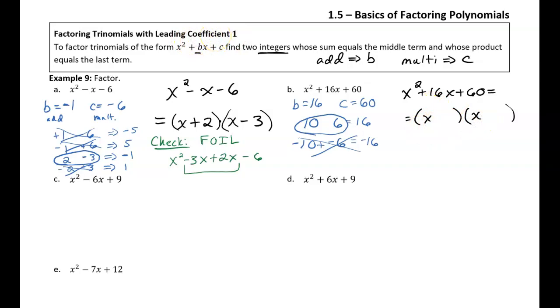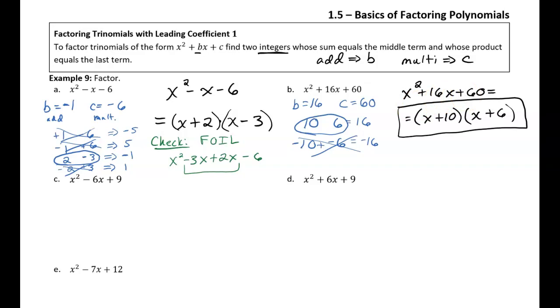Then my integers that we found were a positive 10 and a positive 6. So x plus 10 times x plus 6 is the factorization of my expression. And if I check it, if I practice my FOIL, my distributive property, yes, it would come out to be that expression.